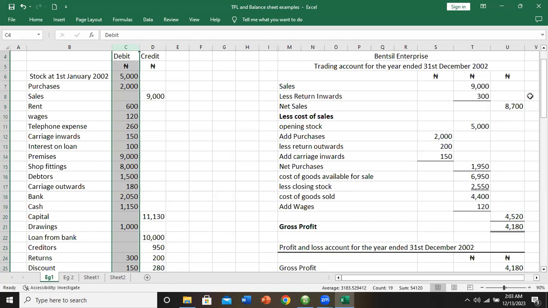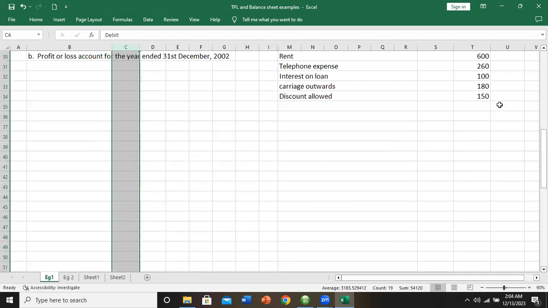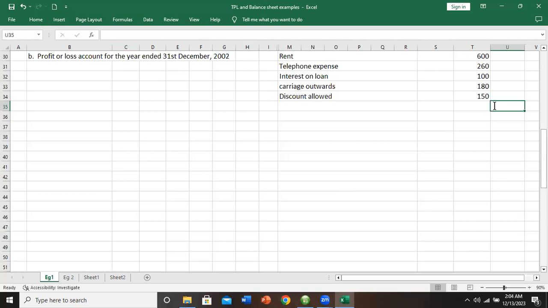Thank you. So let's finish up with the profit and loss account by summing up the expenses. So these are my expenses. So I have 600 plus 260 plus 100 plus 180 plus 150. And that gives me 1,290.